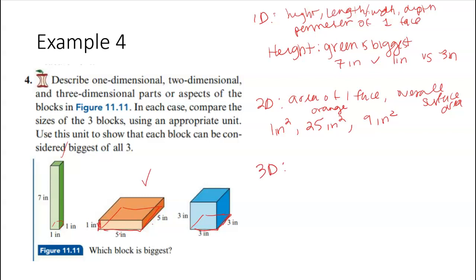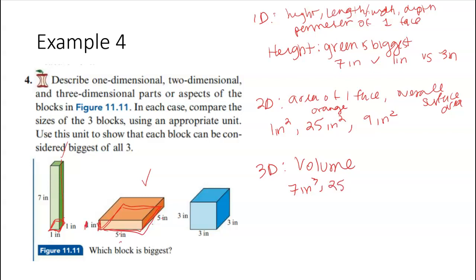And now let's look at 3D. So now we're talking about volume. Volume, I'm going to multiply. That's going to be 1 times 1 times 7, because how many cubic inches will fill this? I'm going to have 7, so that would be 7 cubic inches. And then here, I've got a row of 25, but I only have 1 row.